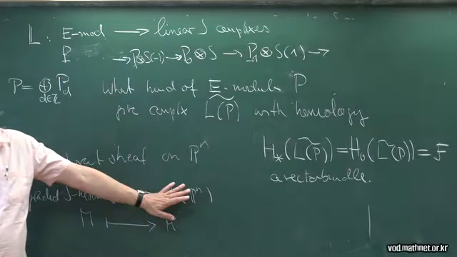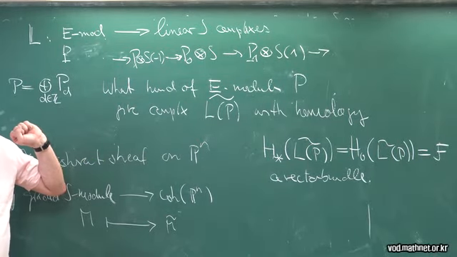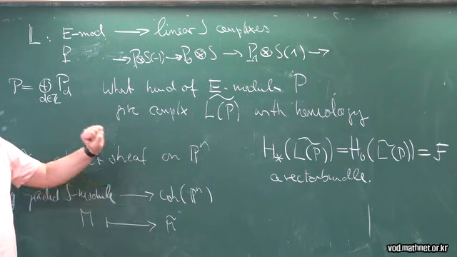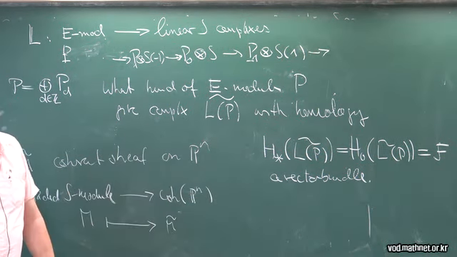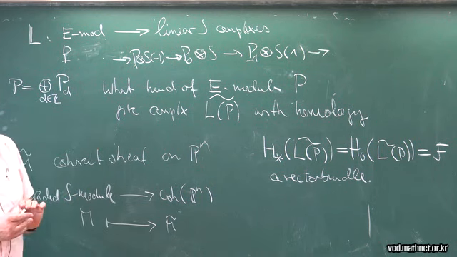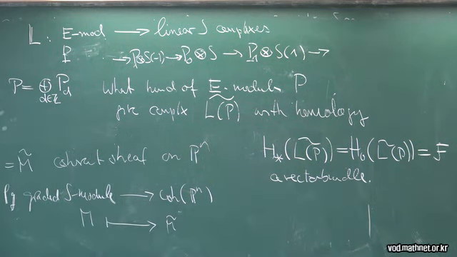And the main result was that any vector bundle can be obtained in such a way. And they characterize modules P which lead to vector bundles in terms of syzygies. We're going to see that later on. So that was their paper.